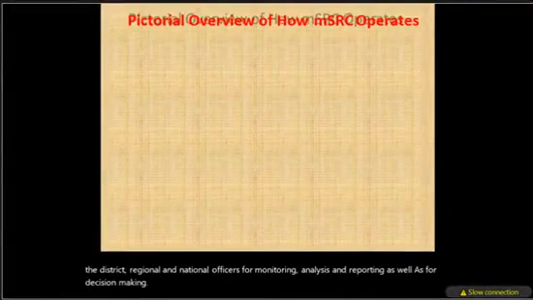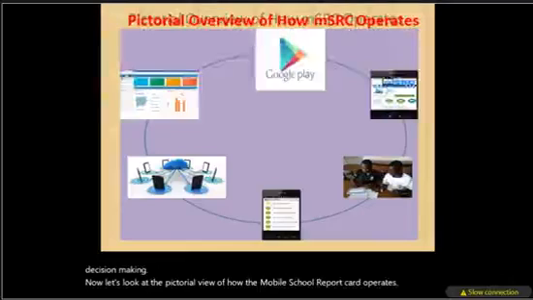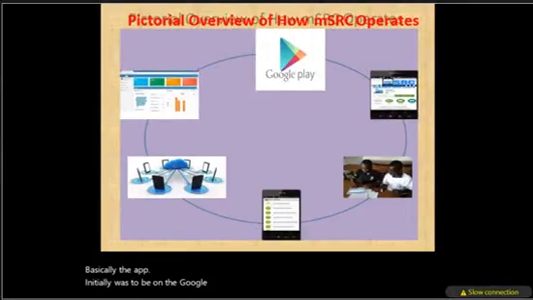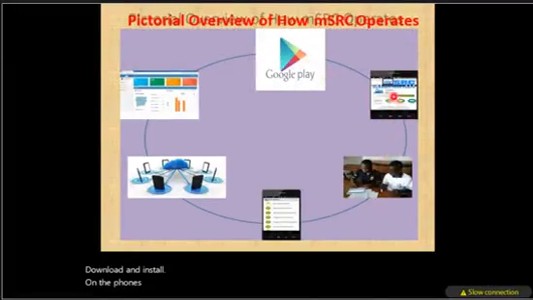Now let's look at the pictorial overview of how the mobile report card operates. Basically, the app initially was to be on the Google Play Store where users will download and install on their phones. Then once it is on their phones, they can utilize their phones to feed information.